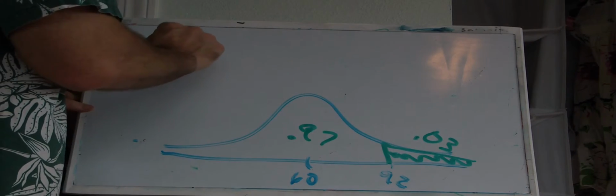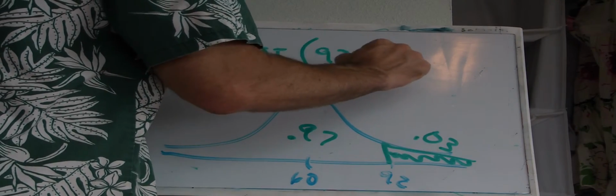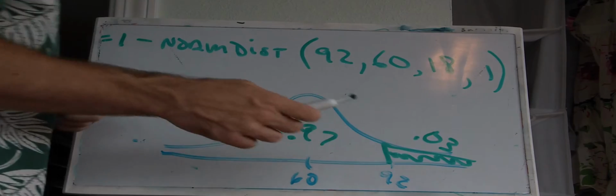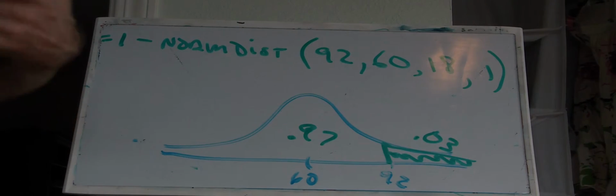To calculate this area, I would say that should be equal to, sorry, I already forgot, 1 minus NORM.DIST for a normal distribution, value of 92 for x, a mean of 60, a standard deviation of 18, and cumulative should be set at 1. And these are approximately, with a little bit of rounding, the numbers that you should get. It should be about 3%.